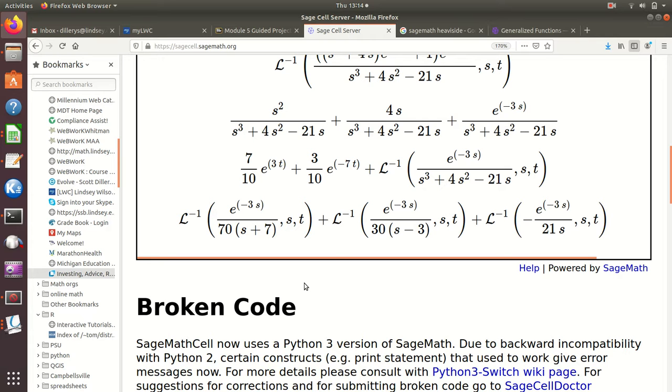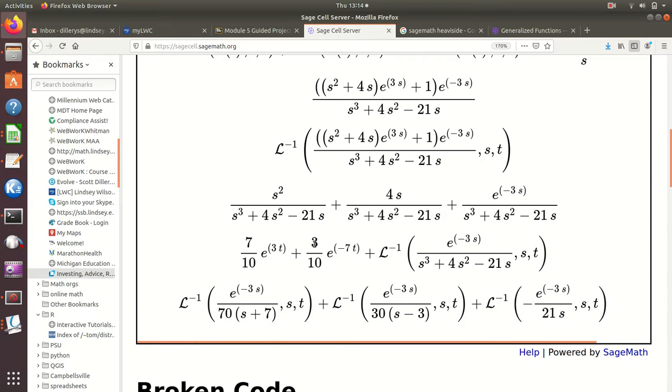Wow. It is not doing so well. So it doesn't seem to know, and I'll have to investigate this myself, but it doesn't seem to know how to do that inverse Laplace transform.